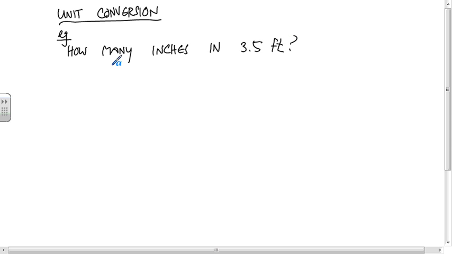The idea is sort of simple. We know, let's say, relationships between numbers of units.